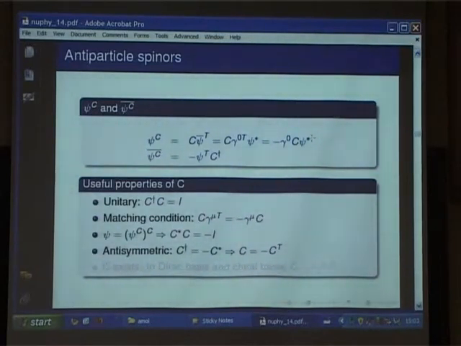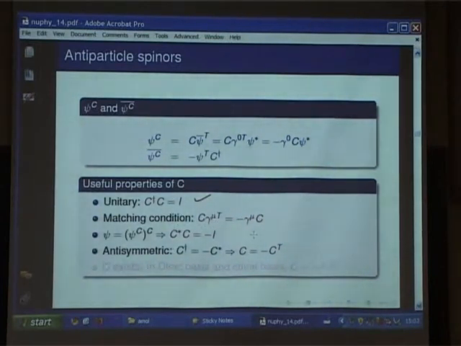Remember it's psi bar, right? You want to take psi to something to take psi bar, and psi bar has the opposite side. So often you will see that C is called a charge conjugation operator, but it's actually a CP conjugation. It is unitary: C dagger C equal to 1. This we knew already, so that's one more definition. Then there was this matching condition.